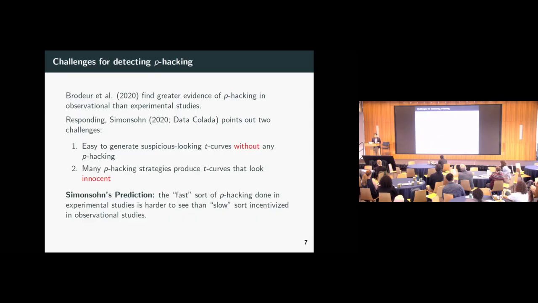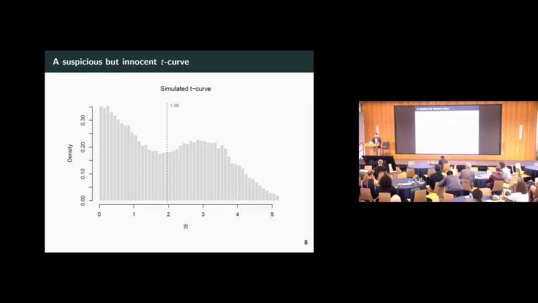But first, we're going to examine more carefully these two challenges for testing for p-hacking by looking at a histogram of t-scores. First, I'm going to show you an example of a t-curve that looks suspicious but is in fact innocent. I generated this t-curve by simulation without any p-hacking or selective reporting at all.